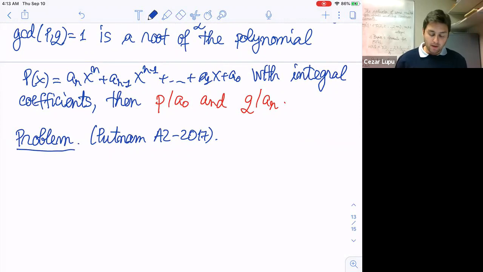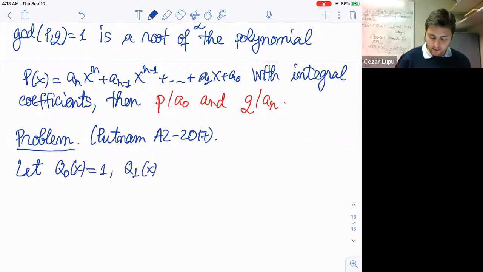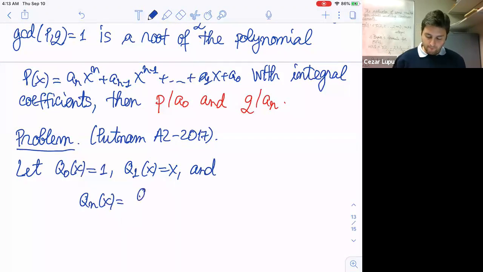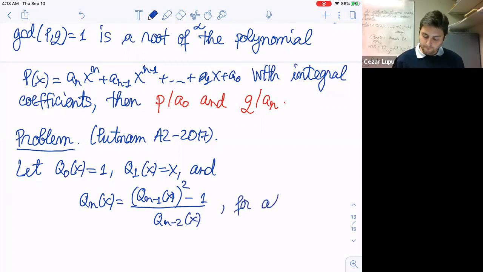It's a nice problem. Let Q0 of x equal 1, Q1 of x equal x, and we have the following, which looks like a recursion of polynomials. Qn of x is nothing else than Q(n minus 1) of x squared minus 1, over Q(n minus 2) of x, for all n greater or equal than 2.